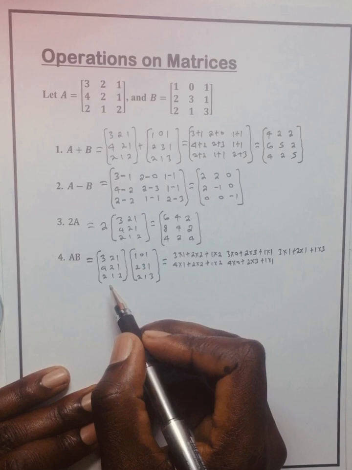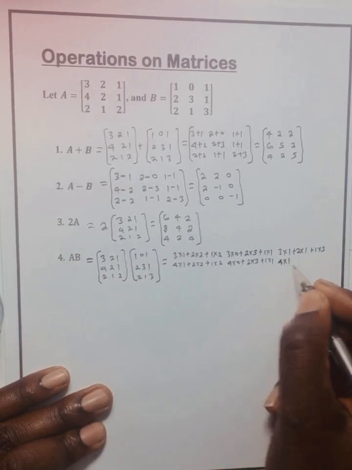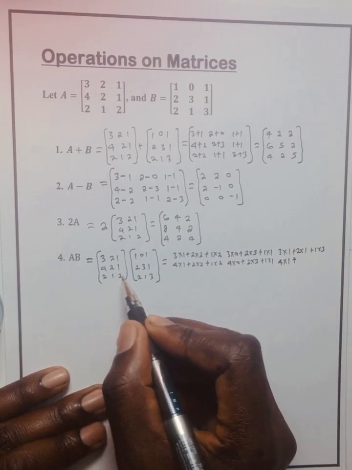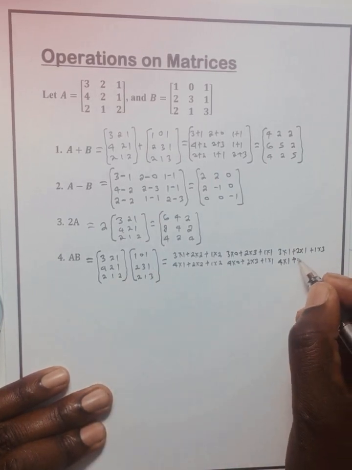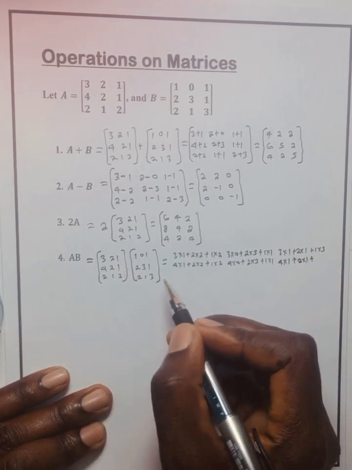Then for the last column, 4 times 1 plus 2 times 1 plus 1 times 3.